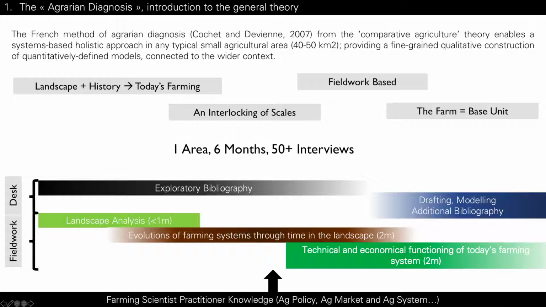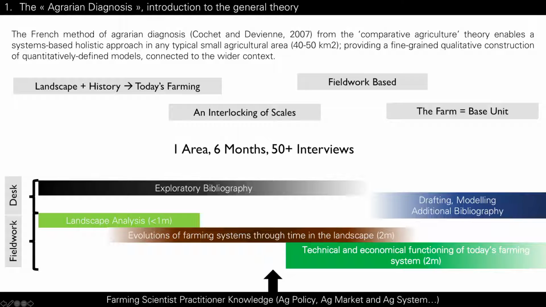The Agrarian Diagnosis is a bit specific in terms of trying to integrate this complexity by doing an in-depth analysis of small agricultural areas that you try to understand really well, and that you try to connect to the wider context.